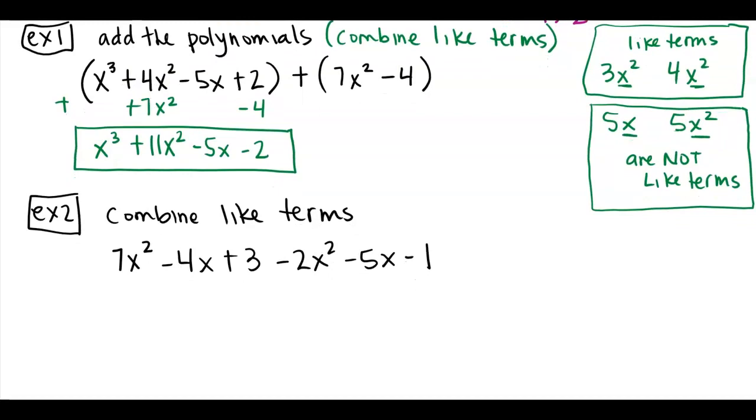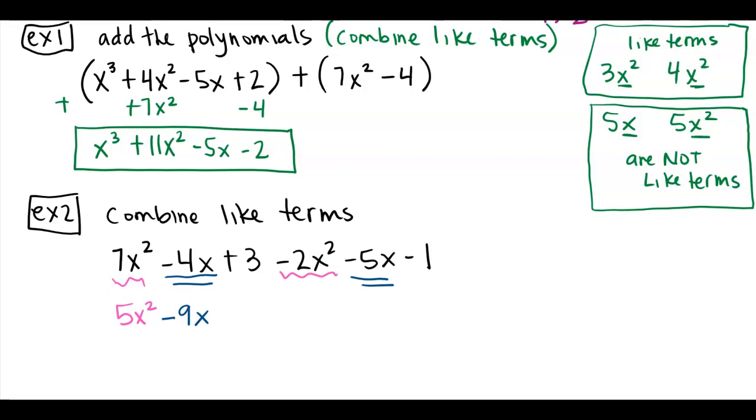So if I'm looking at this, I can say, okay, my 7x squared and my negative 2x squared can be combined together. So 7 minus 2 gives me 5. And then again, I have to keep that x squared part to it. All right? Then I can see I have some x's that I can add together. So negative 4x plus a negative 5x gives me a negative 9x.